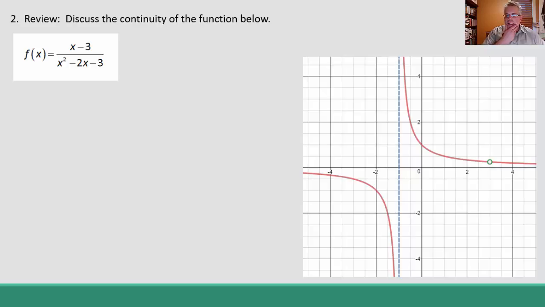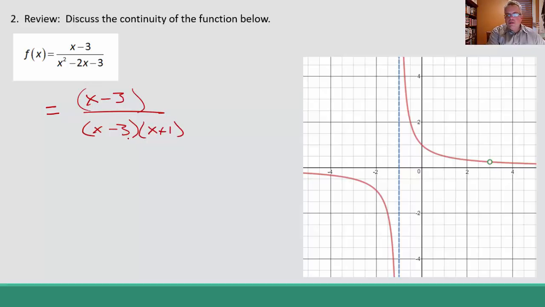It says, discuss the continuity of the function below. Well, we want to discuss where it's continuous. Now this is a rational function, and the only place where we can get in trouble is when the denominator is 0. So we know from when we're finding limits, we need to factor. The numerator is x minus 3, and if we factor the denominator, we get x minus 3 times x plus 1.